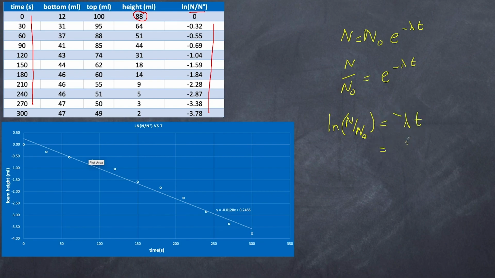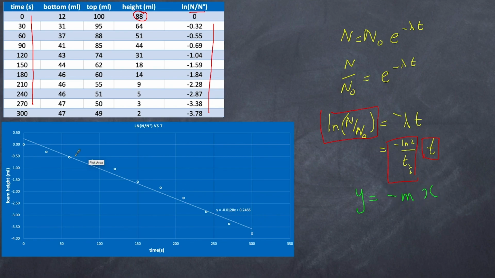But our lambda, of course, is our value of ln 2 over the half-life, multiplied by t. I now have a function here, that is, if I graph this with respect to this, I get a constant value, and that will represent the slope.